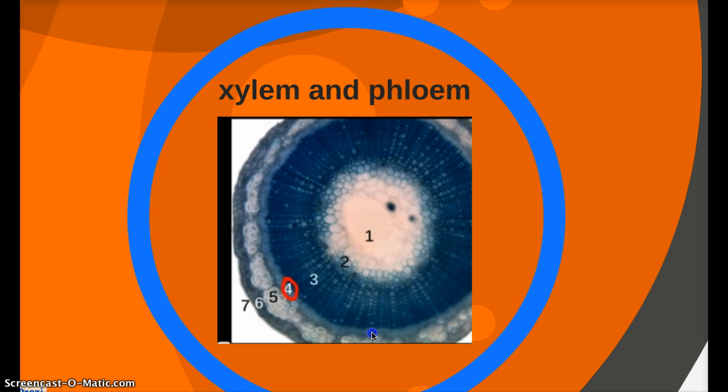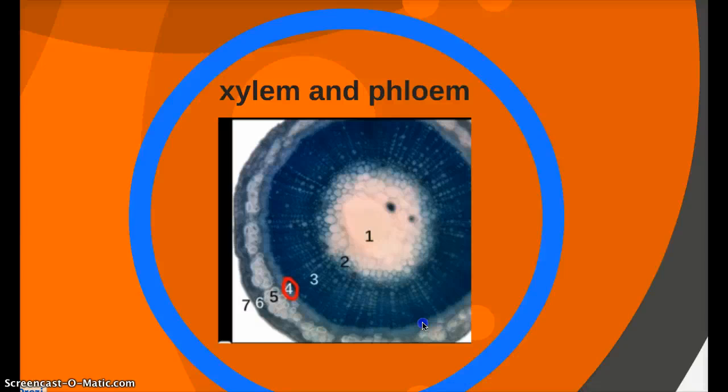And here represented 4 in this thin layer is the phloem. So the xylem is in charge of carrying water and minerals from roots to the rest of the plant. And the phloem is basically made up of living cells that move carbohydrates from production sites to sites where they are going to be used and stored. So they basically move water and sugar throughout the plant.